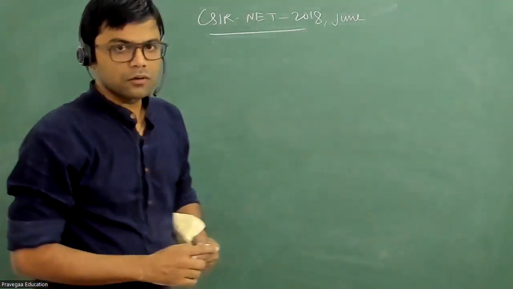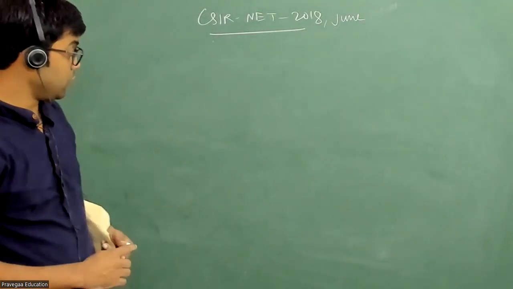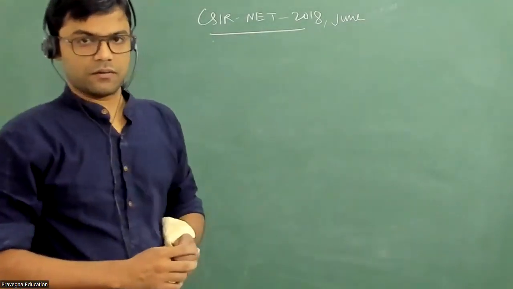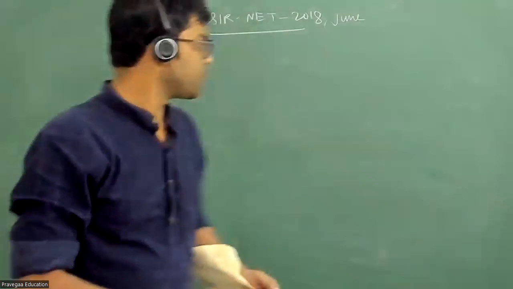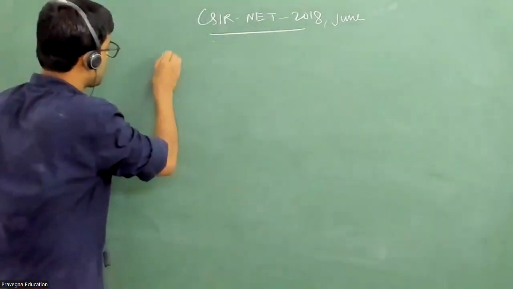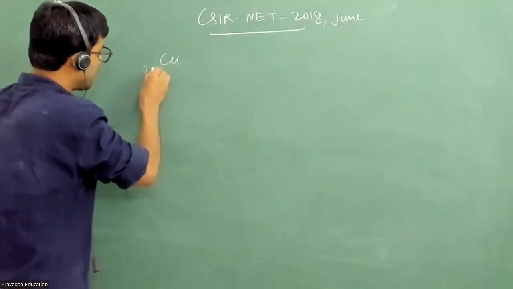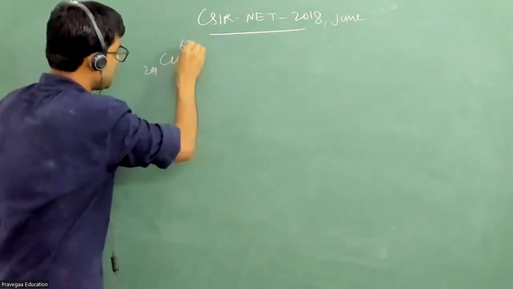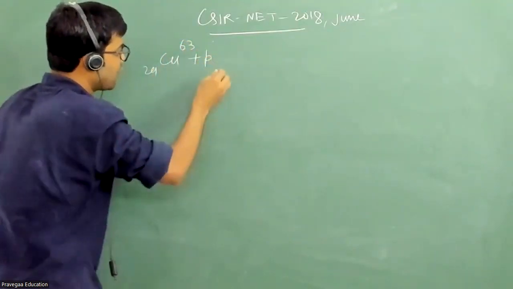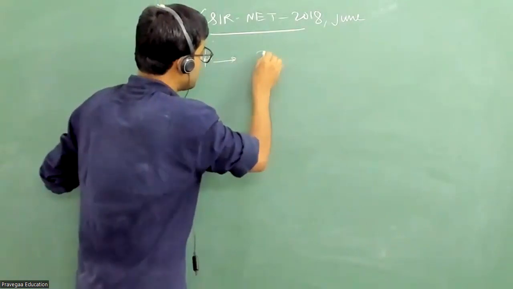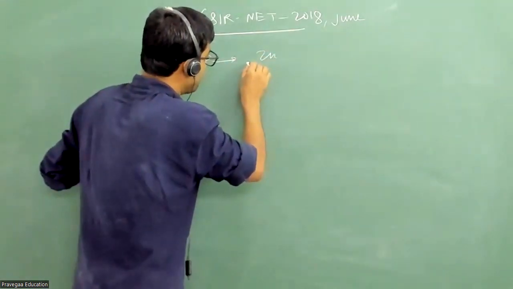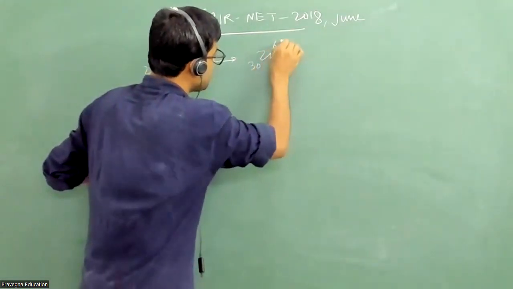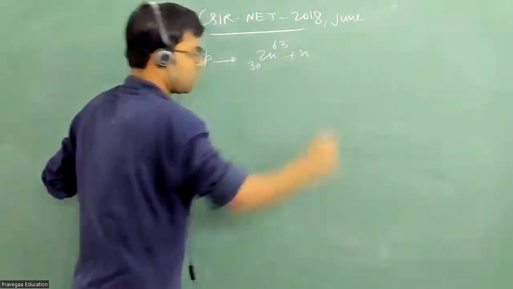Well, so let us solve one question from CSIR NET 2018 June, and this is basically from nuclear physics. In that question, it is given that you have a copper nucleus having atomic number 29, mass number 63. It is capturing a proton and is converting to zinc nucleus having atomic number 30, mass number 63 with addition of neutron particle.